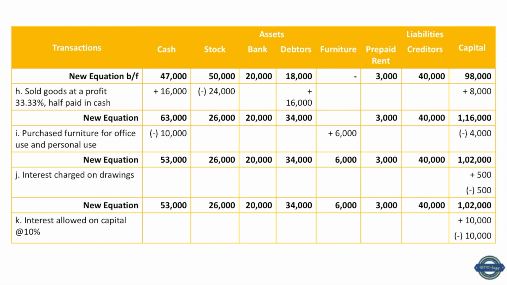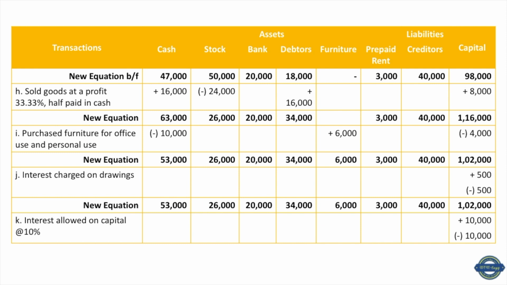Interest allowed on capital rupees 10,000 at 10%. Since the owner has given us money, the business will pay an interest to the owner, as we owe this amount to him. So the initial capital was rupees 1 lakh. We will always calculate the interest that has been allowed on capital on the initial money that has been brought in.